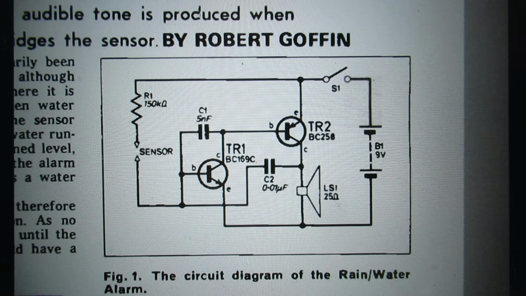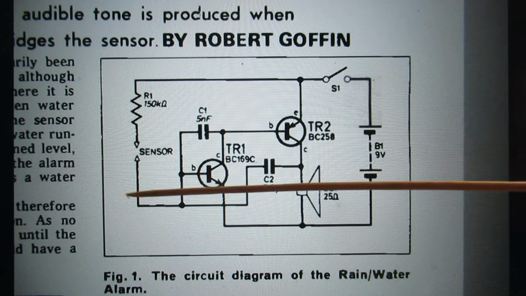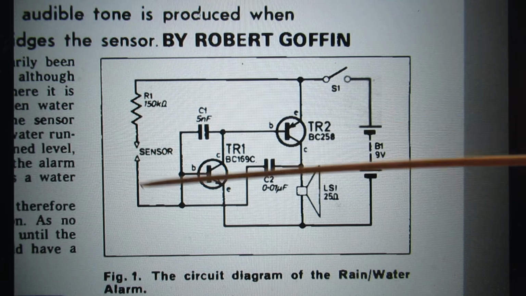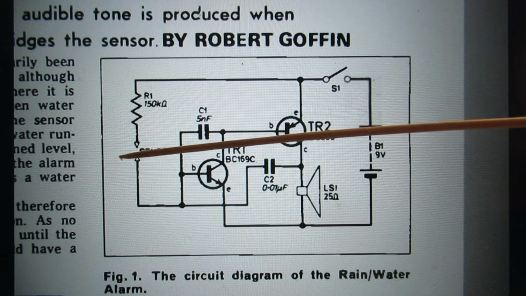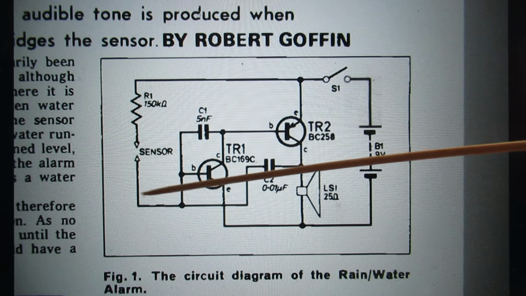What's this? Rainwater alarm. Well, there are many circuits of rain and water alarms. This is an oscillator that starts to oscillate when here we get a tiny resistance, and that's done by water drops or so. So you can make that sensor with two comb-like structures here.